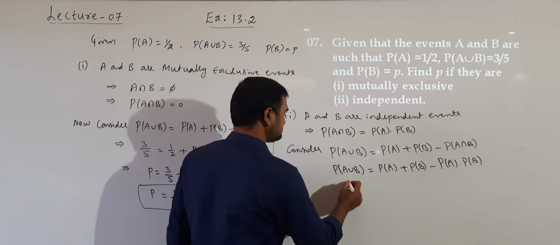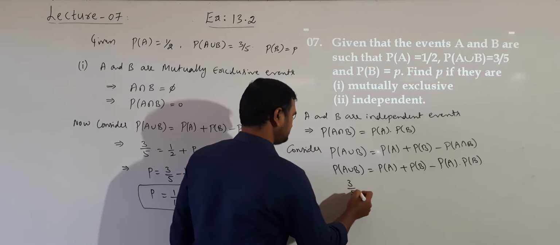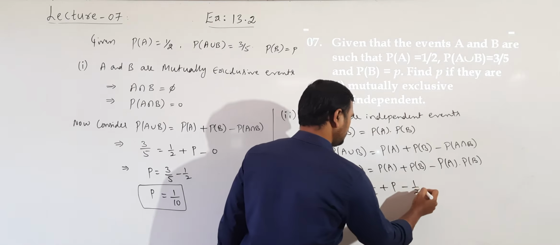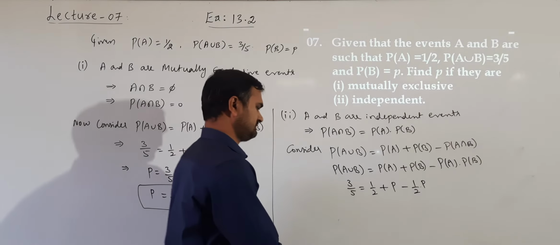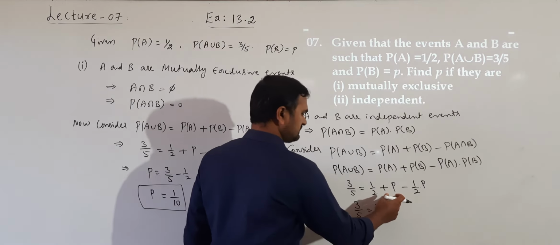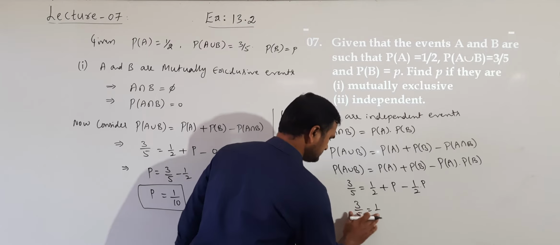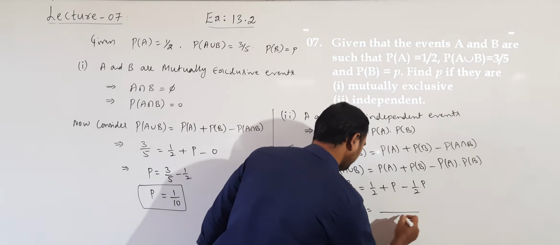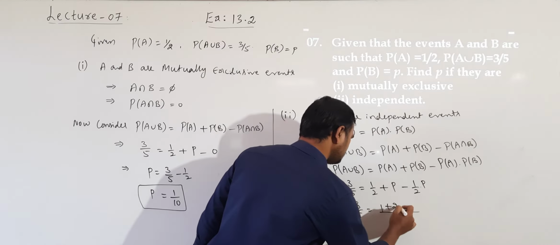Now let us substitute the values. 3 by 5 is equal to 1 by 2 plus small p minus 1 by 2 into small p. Taking 2 as the LCM, 3 by 5 is equal to 1 plus 2p minus p, divided by 2, so 3 by 5 is equal to 1 plus p divided by 2.